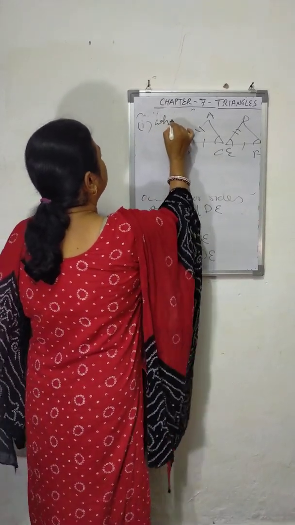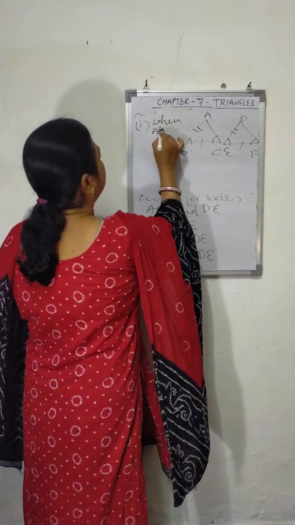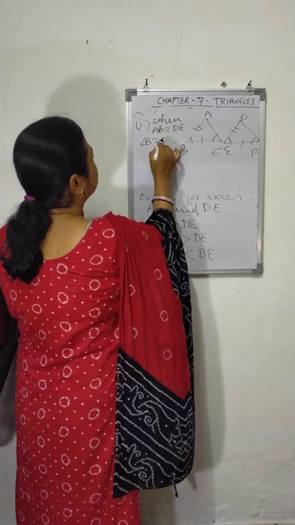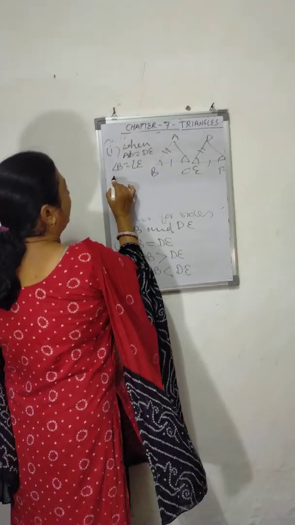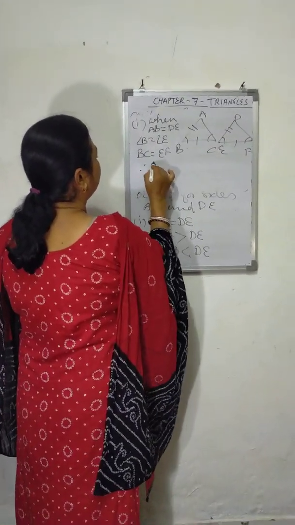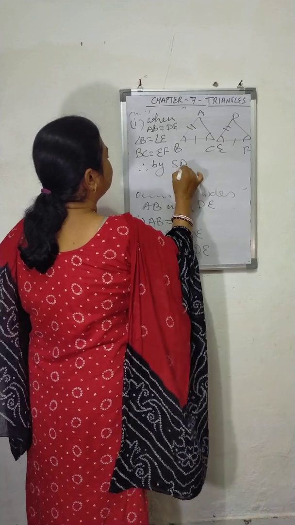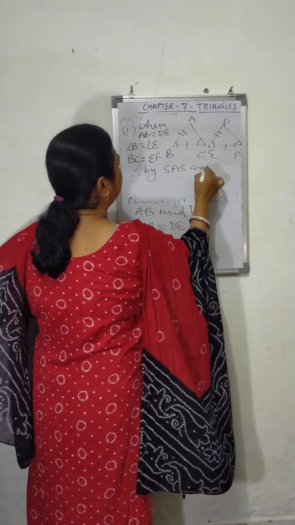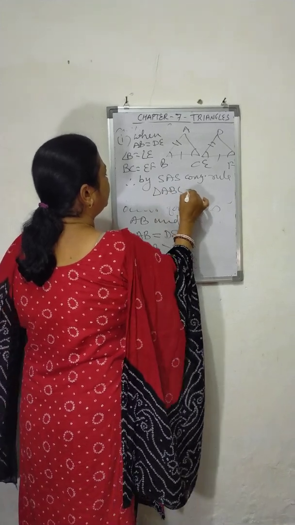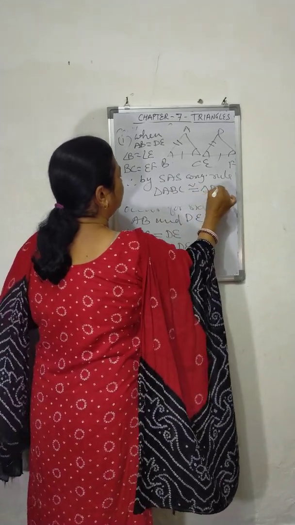Therefore, by the SAS congruency rule, triangle ABC is congruent to triangle DEF.